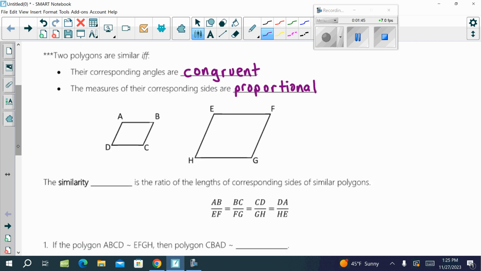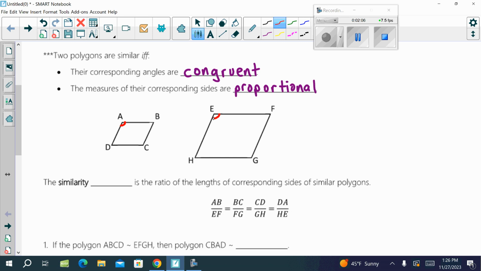So looking at these two polygons, all of their angles that correspond to each other have to be congruent. So let's say angle A, which is its corresponding angle? Good.